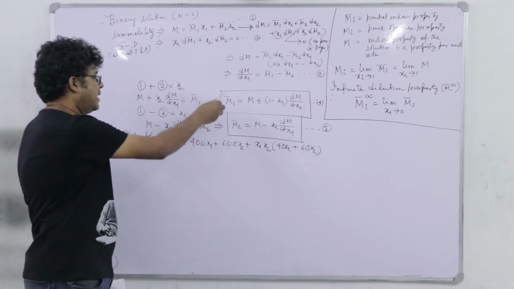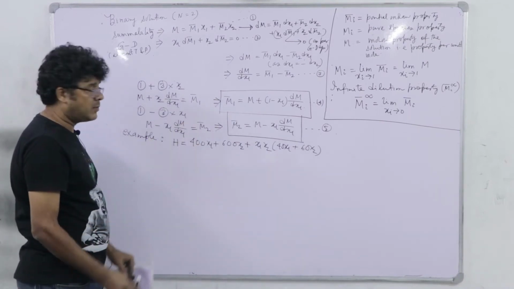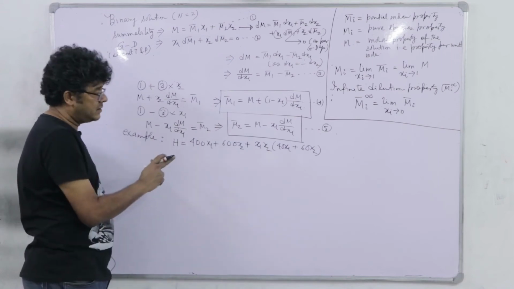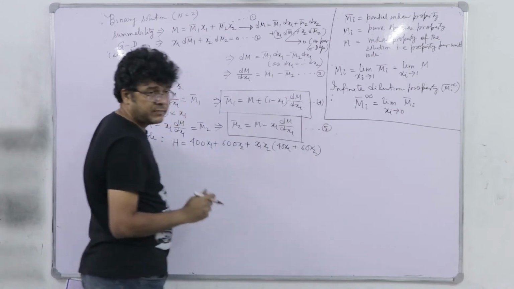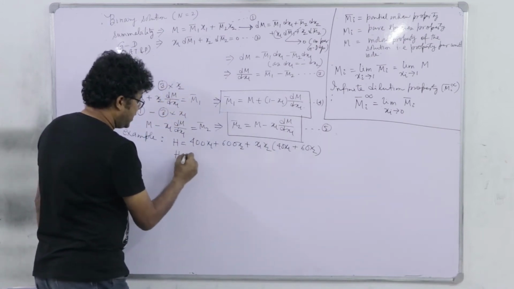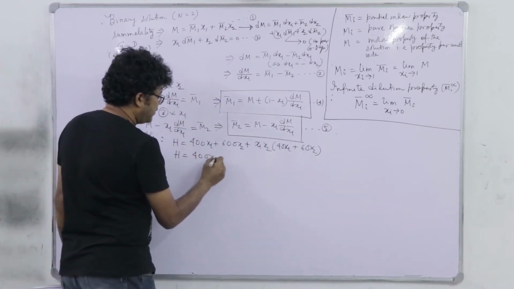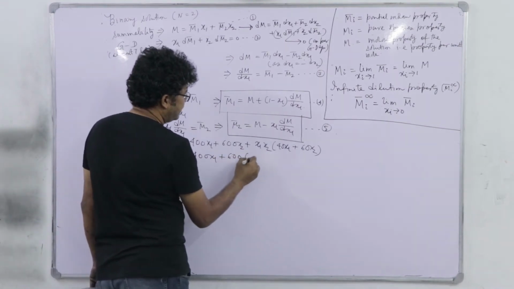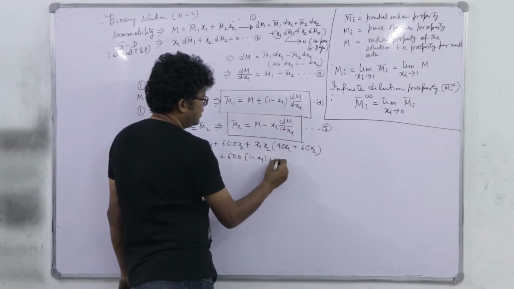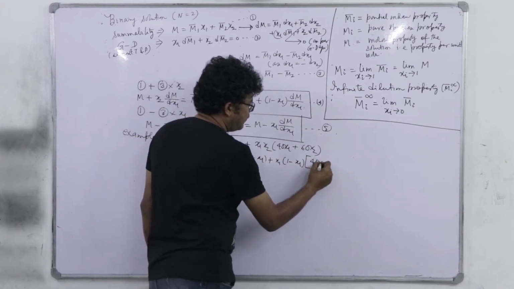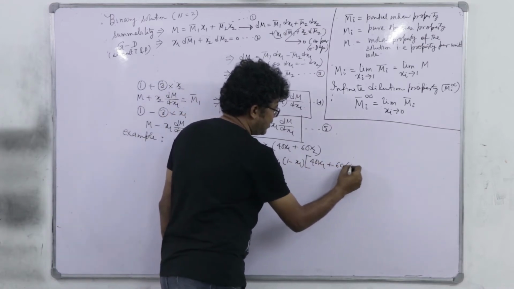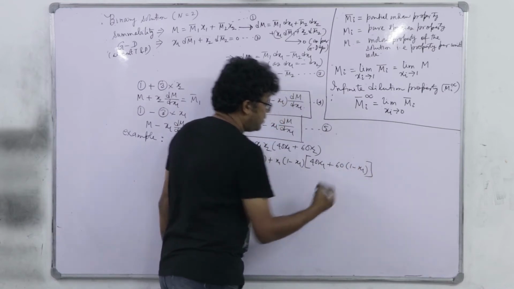Now, if I have to apply these two equations in order to get h1 bar and h2 bar, first we have to convert this x2 to x1, because this is a total derivative, not a partial one. So, h equals 400 x1 plus 600 (1 minus x1) plus x1 (1 minus x1) (40 x1 plus 60 (1 minus x1)).